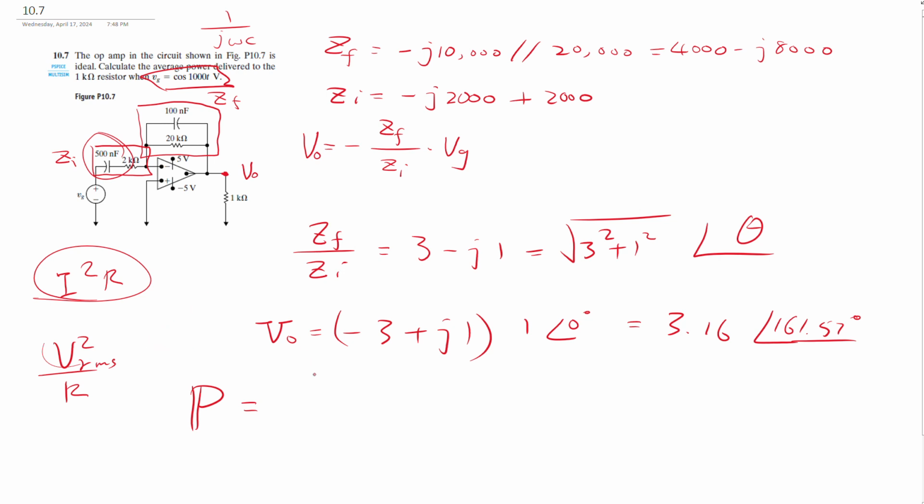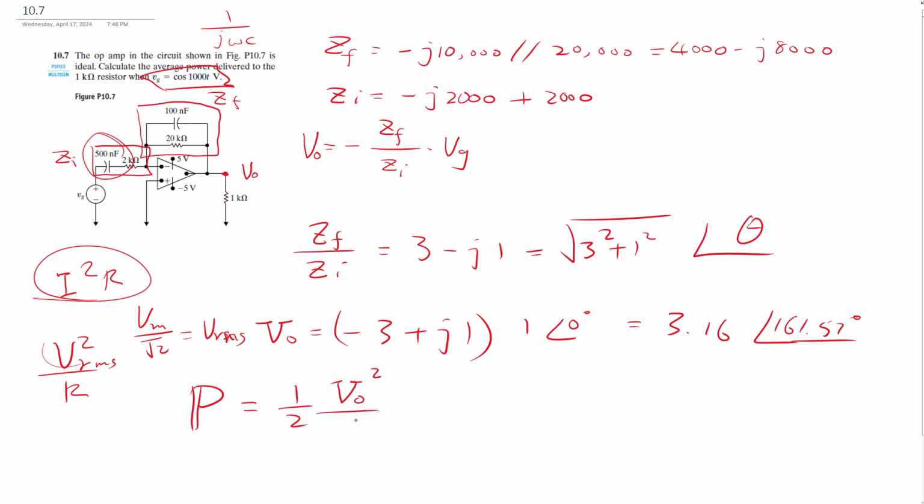So you know that Vm over root 2 equals RMS. So we got 1/2 V0 magnitude squared over R.